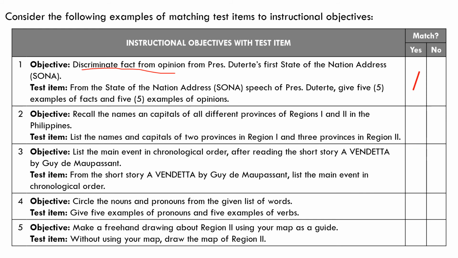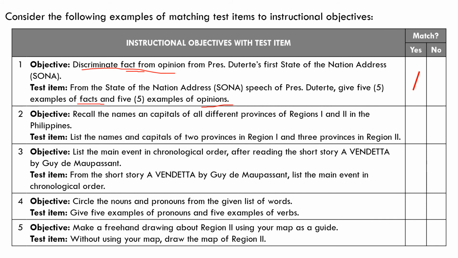This is matched, correct? We are to discriminate facts from opinion, and the test item is about giving examples of statements that are facts and statements that are opinions coming from the speech. Therefore, this item is a match.